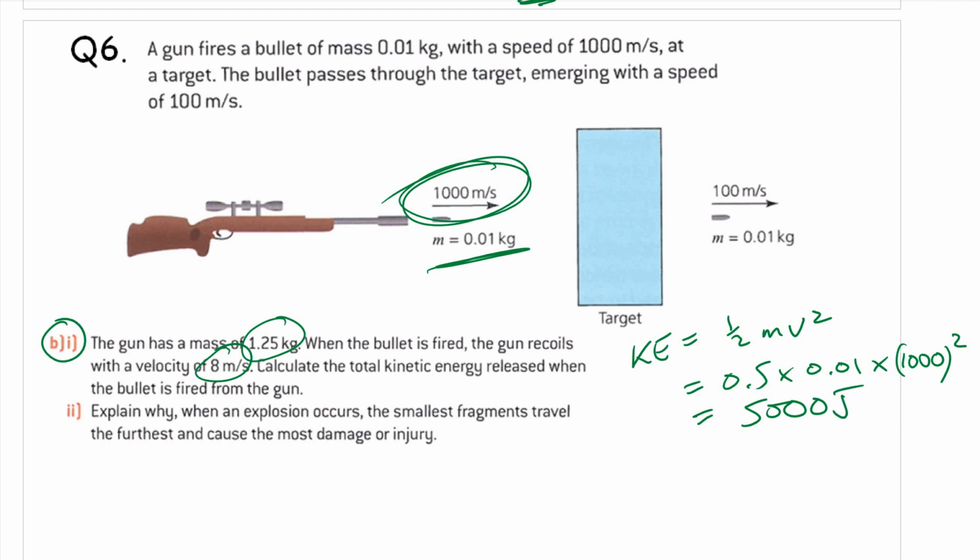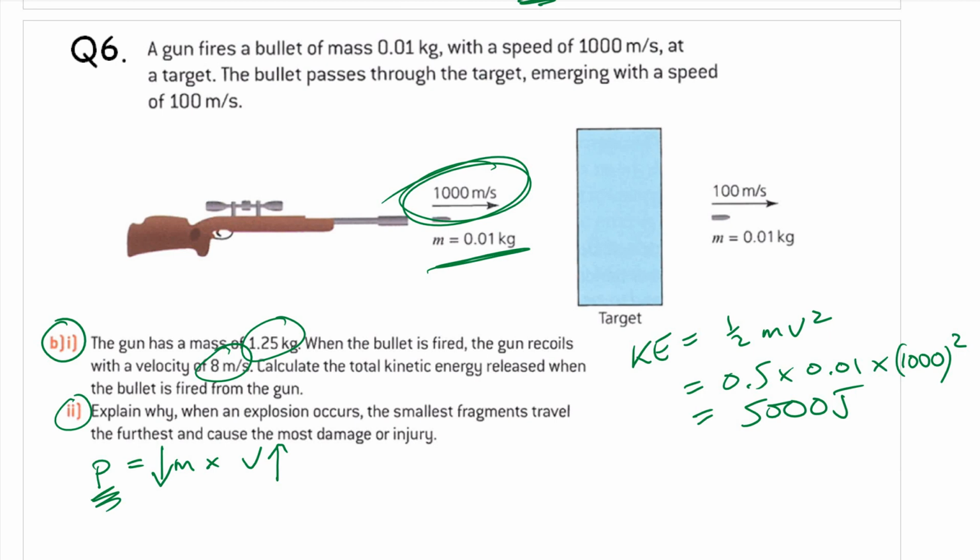Now, this is a tricksy one. Explain why, when an explosion occurs, the smallest fragments travel the furthest. Well, momentum is mass times velocity, yes? If the momentum stays the same and you've got small mass, so small fragments, then you are going to have high velocity, okay?